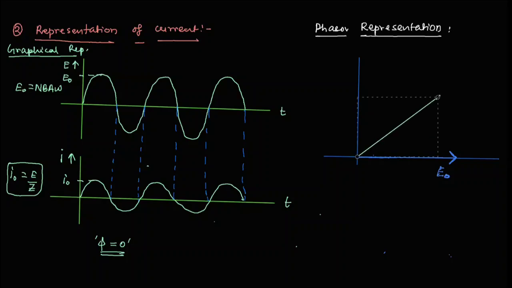So we are taking current at an angle phi. So this time we are representing as if the current is making a phase difference of phi with EMF, and again the length of this rotating vector is I naught, which is rotating with omega.